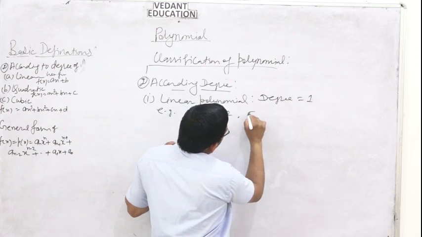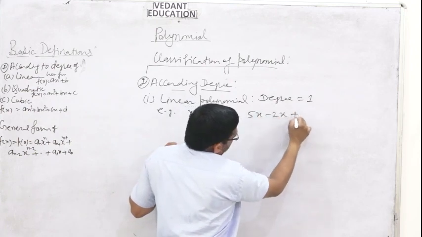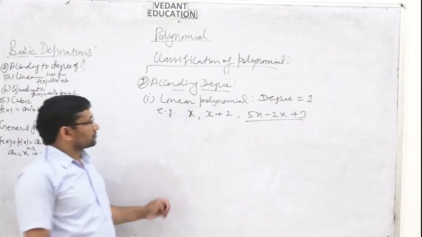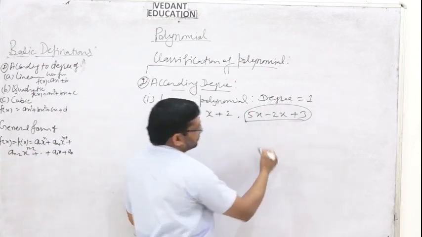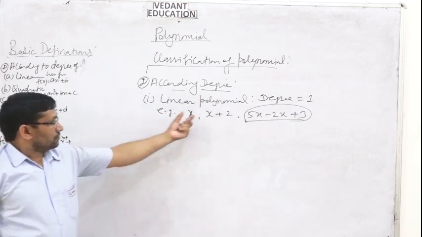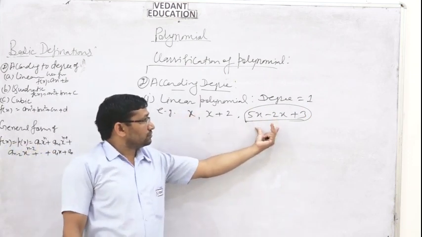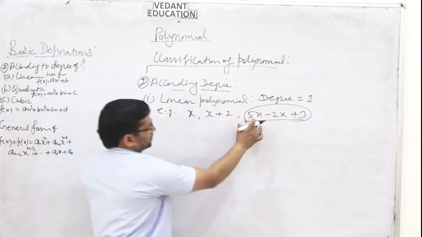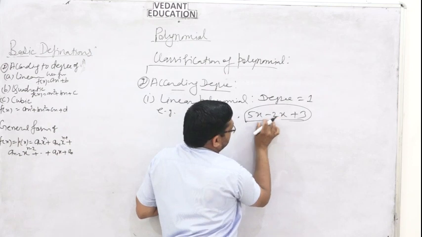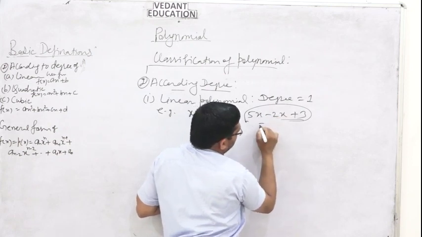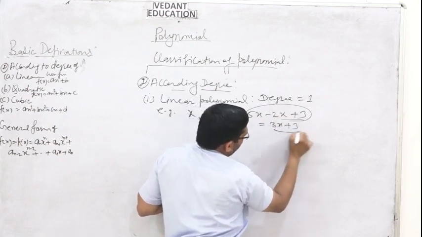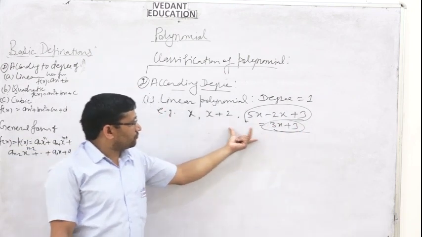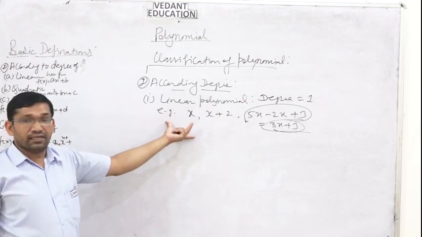If I write 5x minus 2x plus 3, this has degree 1, but here 5x minus 2x, these are not two terms. 5x minus 2x is equal to 3x, so we write 3x plus 3. So these all have degree 1.